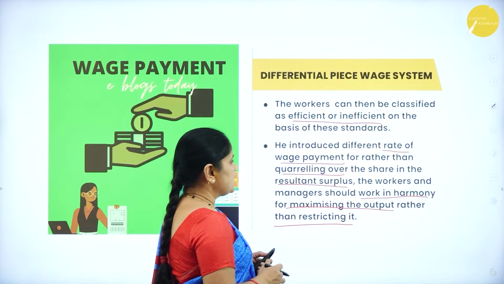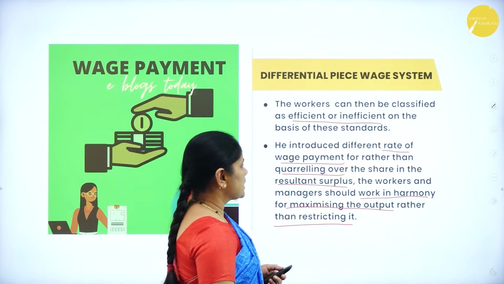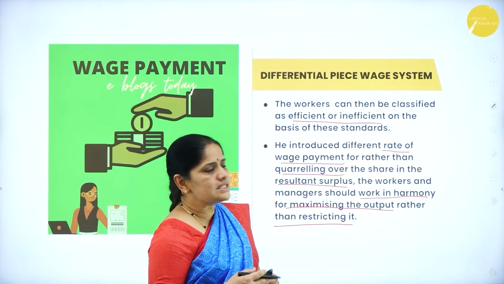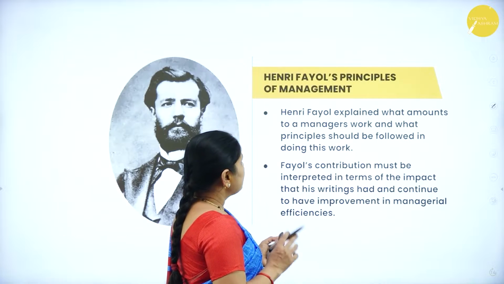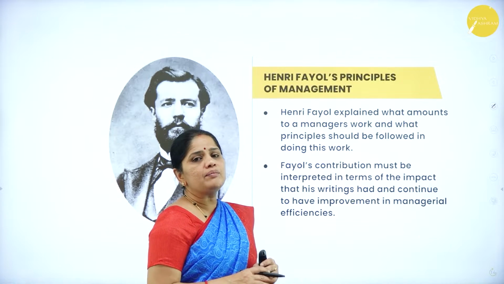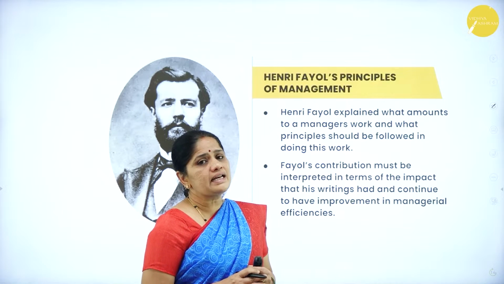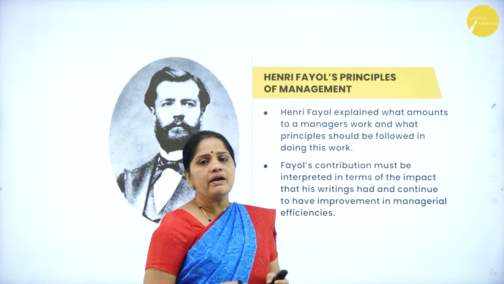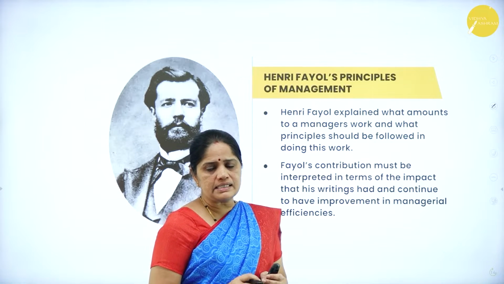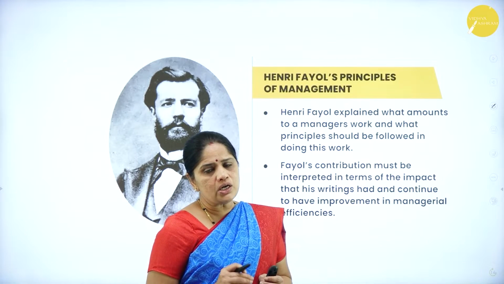So, we should see that management and workers work in harmony so that they maximize the output rather than restricting it. With this we come to the important discussion on techniques of scientific management, which was propounded by one of the greatest management thinkers, Frederick Winslow Taylor.